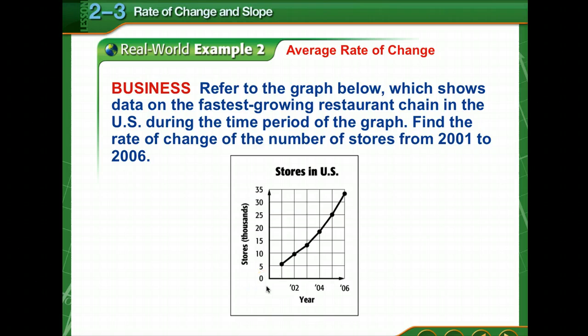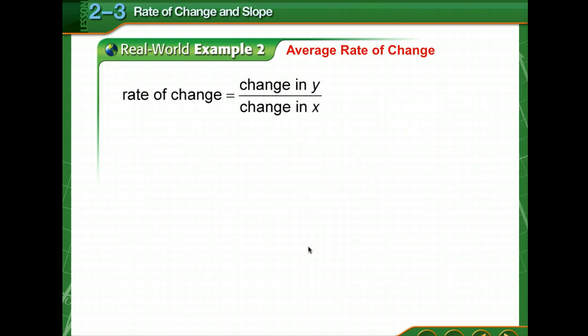Now, up to this point, we've used rates of change that are constant, but real-world situations involve rates of change that are not constant, and that's what we have in this situation. It's not a straight line anymore, is it? So we're going to look at the average rate of change over a specified period. We're going to use the same process, but this is not going to be a constant rate of change. It's going to be an average rate of change.